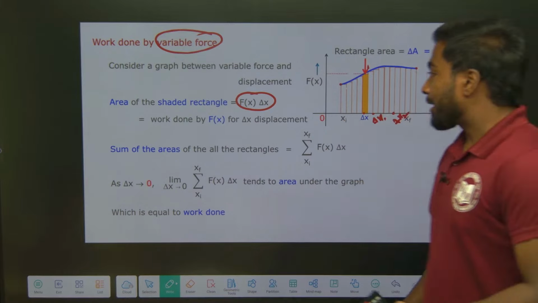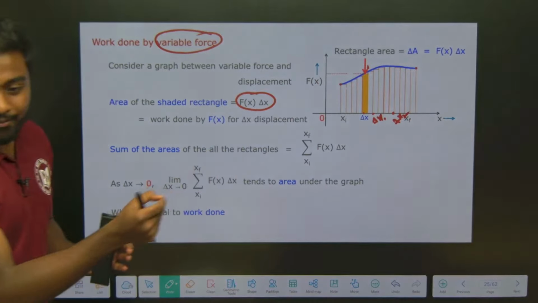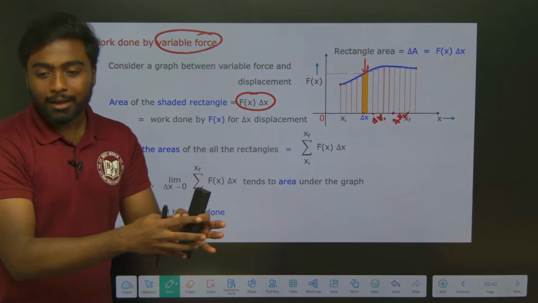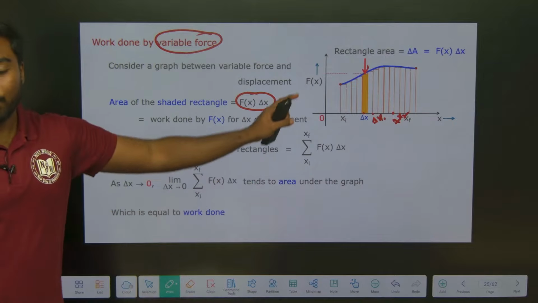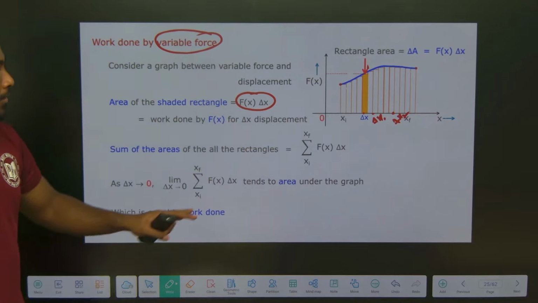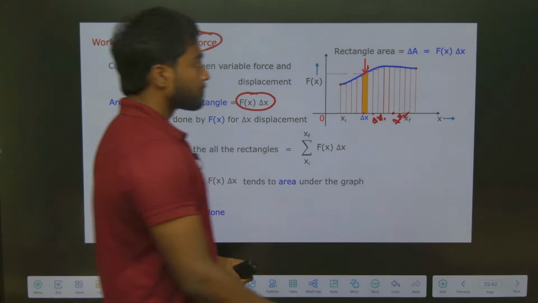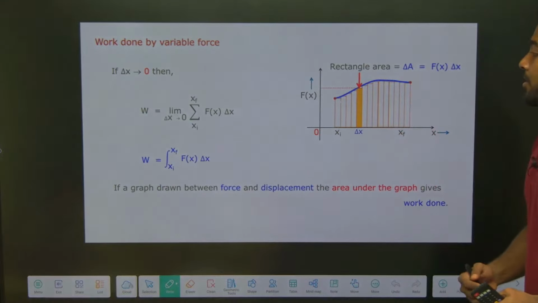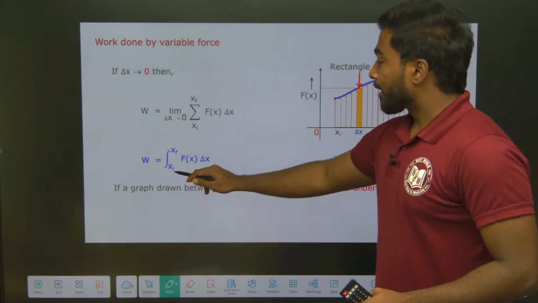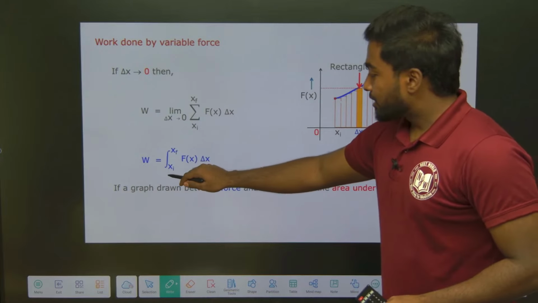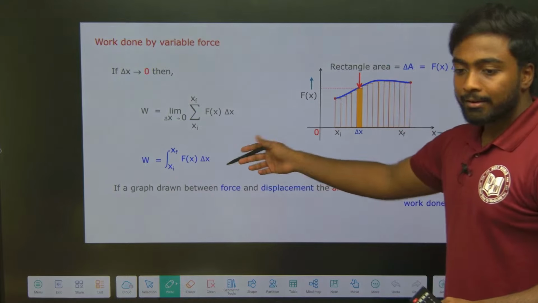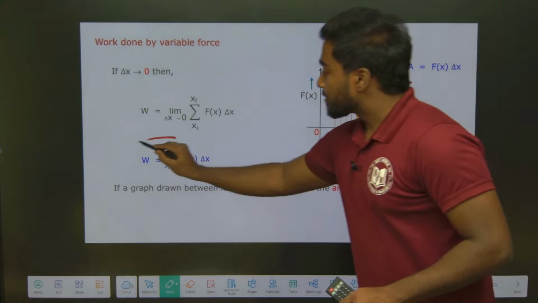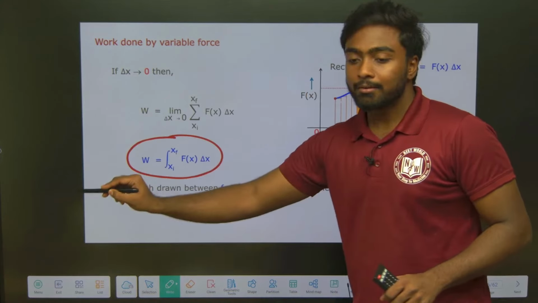When I consider each and every point and club them together, I get the sum of work done for the given object. For that the formula is: work done will be the integral from x initial to x final of f of x dx. This is the formula for the work done by variable forces.